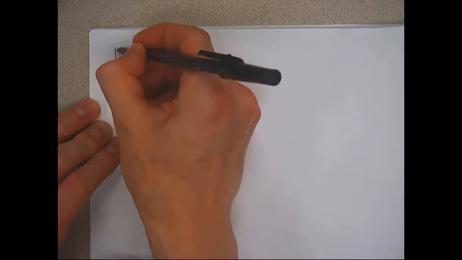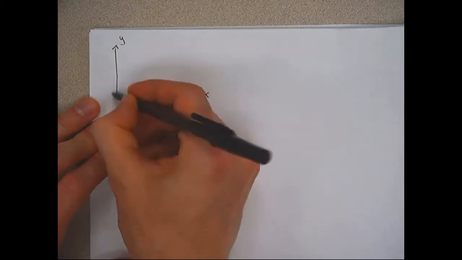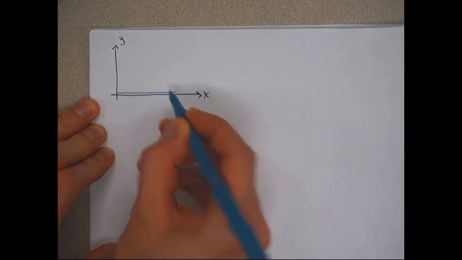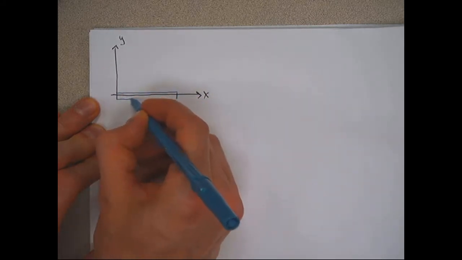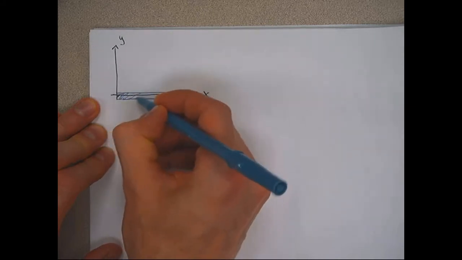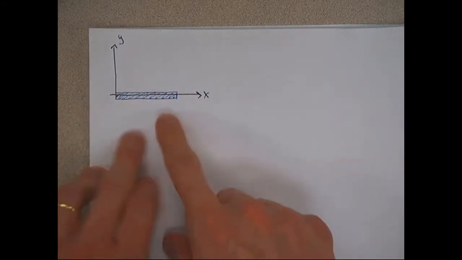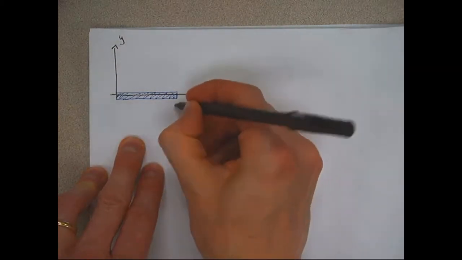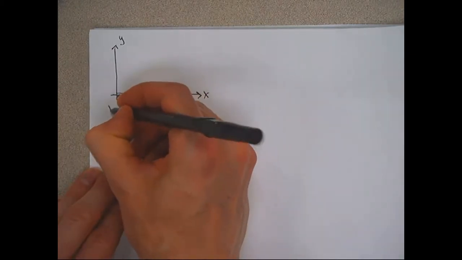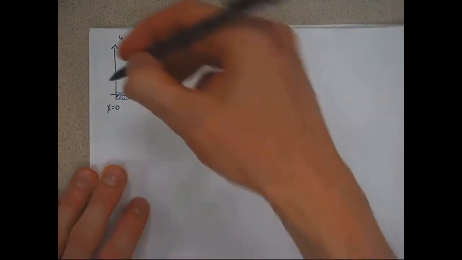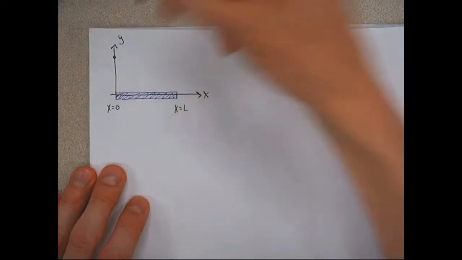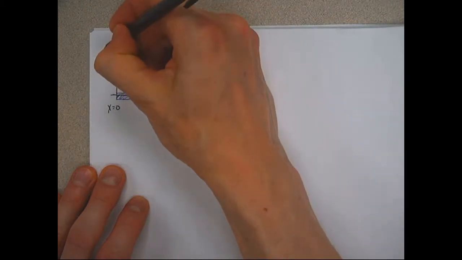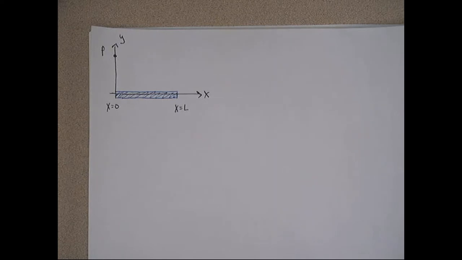Imagine taking the same rod and placing the left end at the origin, and let the right end sit at x equals L. And then we can ask, now at our point P, up along the y-axis, what is the electric field up there?